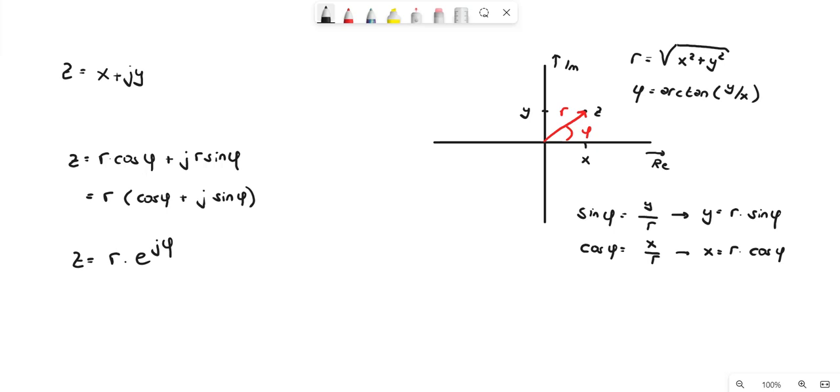Let's start with an example. Let's say we have to realize the following complex number, z1 over z2 times z3.